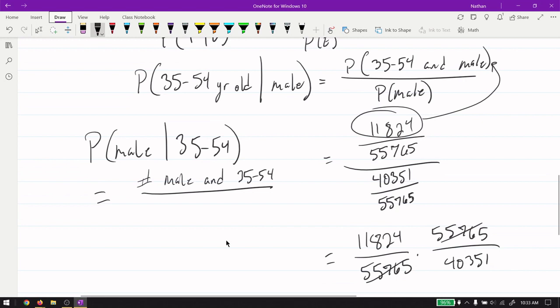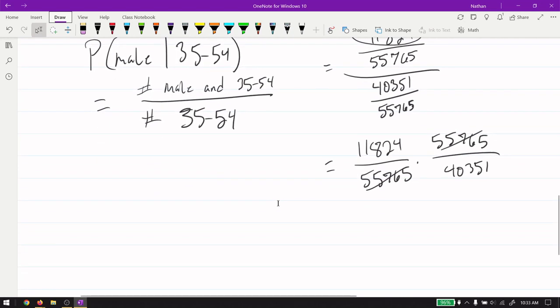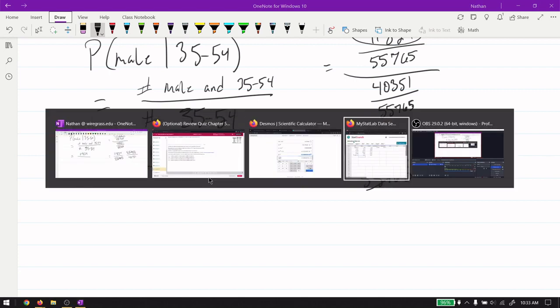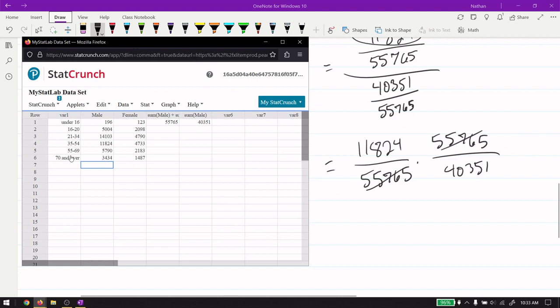And then the other one is the number of people that are 35 to 54. And that's going to include both men and women. So that's what's going to be changed here. So the first one's going to be 11,824 divided by the number of people that are 35 to 54. So that's going to be the sum of these two here.